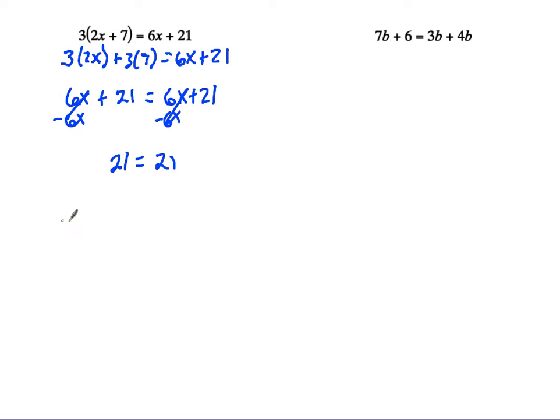21 always equals 21. And so what we have here is an equation where the variable just doesn't matter. The variable can be any number we want it to be. And so we have a special phrase for that. It's called all real numbers.